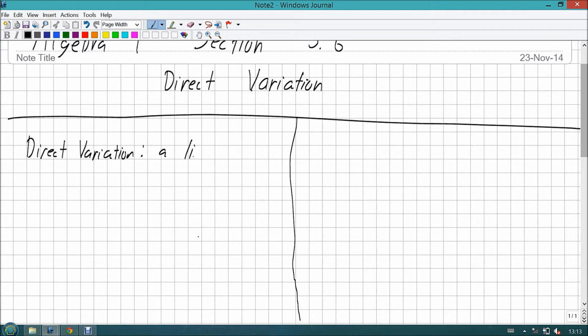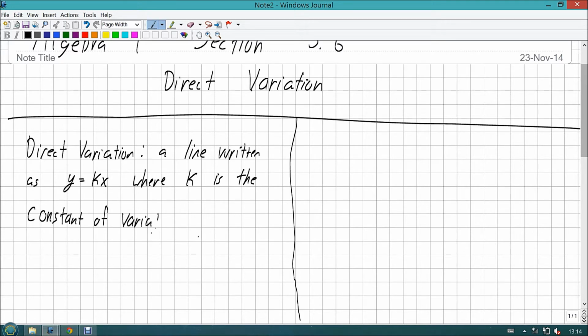So a line written as y is equal to kx, where k is the constant of variation. So the constant of variation is our k value.